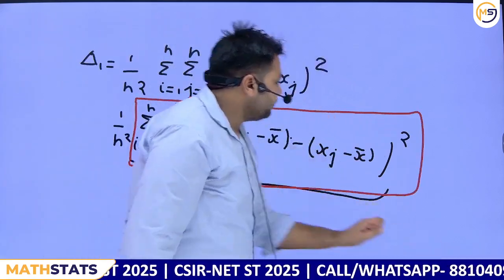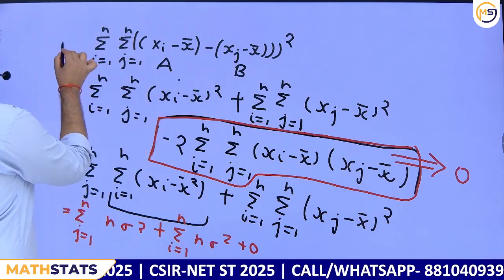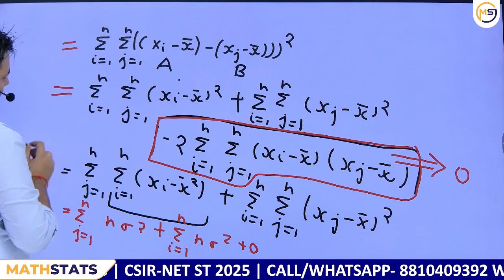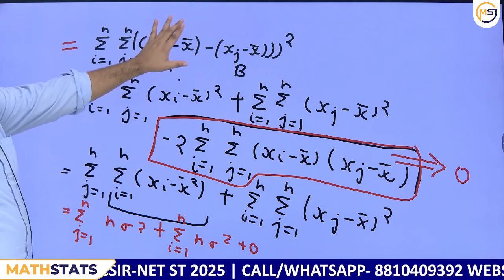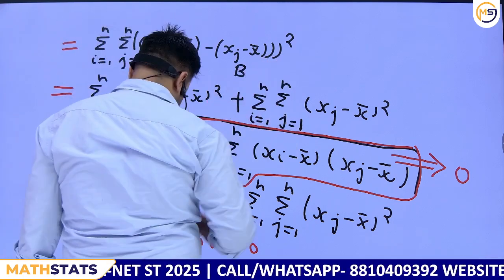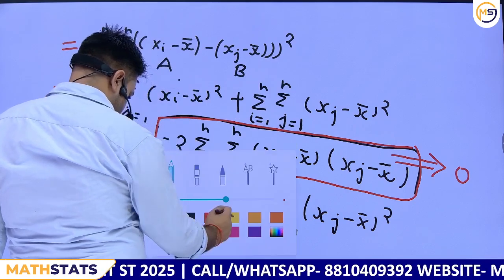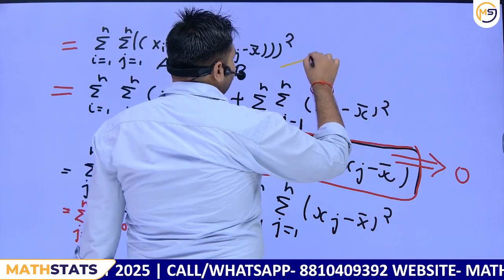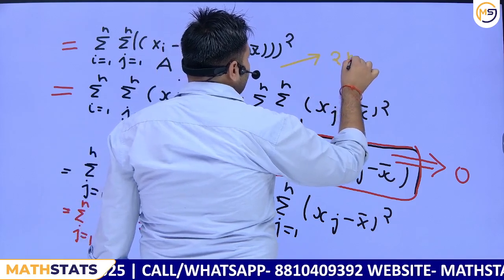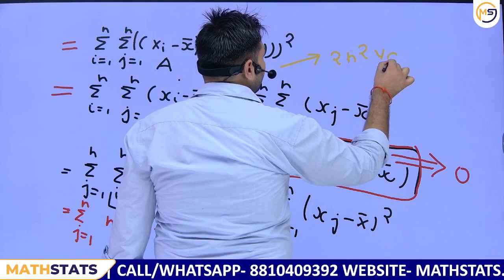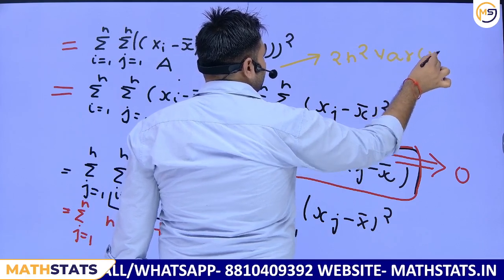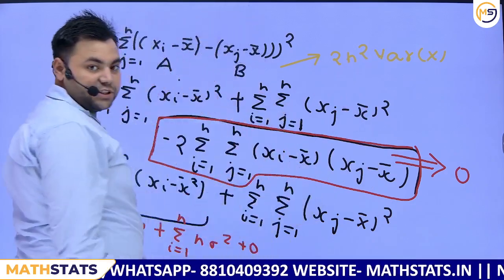So I am opening this quantity. The final value of this quantity is 2n square variance of x. You already proved this.